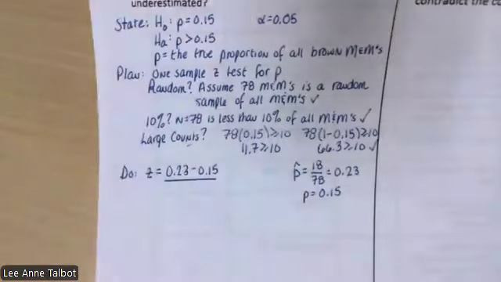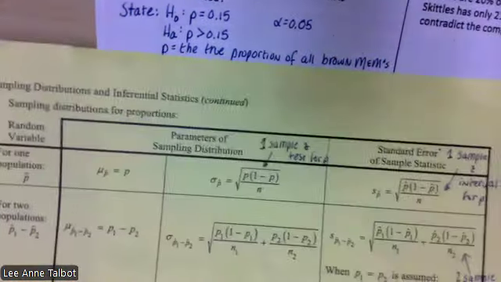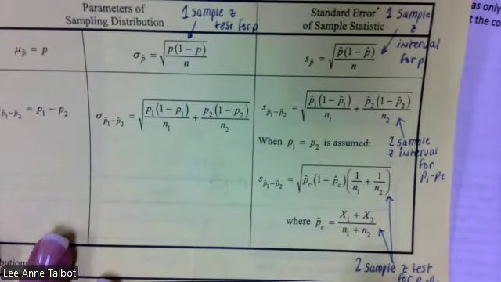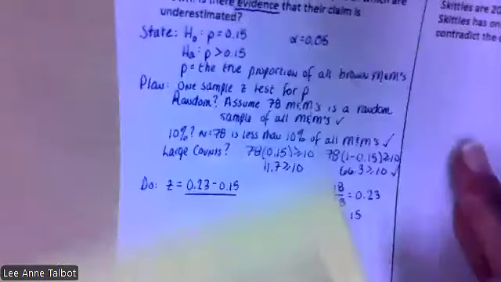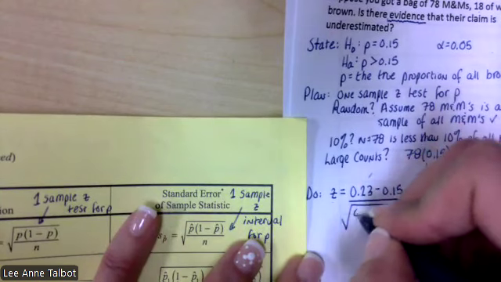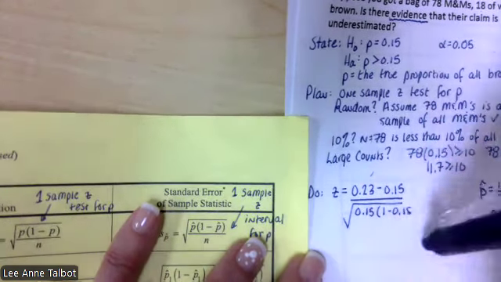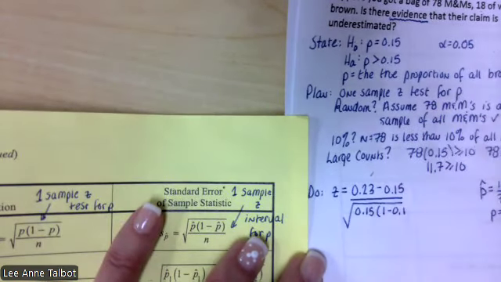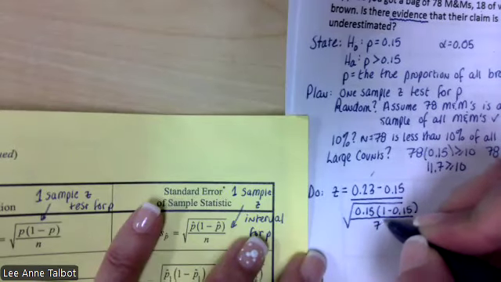And then flip your formula sheet over. Which thing am I doing right now? Test. So we want square root of p times 1 minus p over n.